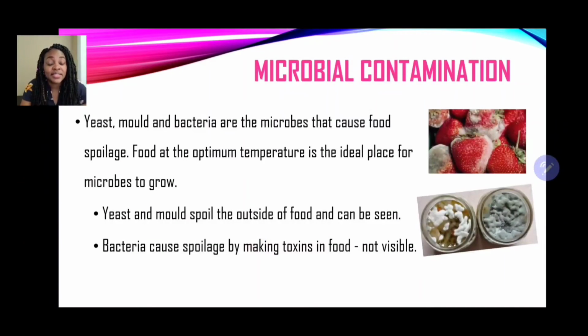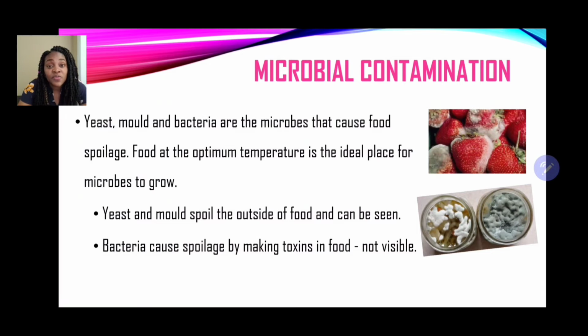Now let's dig a little deeper, and look at microbial contamination. Yeast, mold, and bacteria are the microbes that cause food spoilage. Food at the optimum temperature is the ideal place for microorganisms to grow.